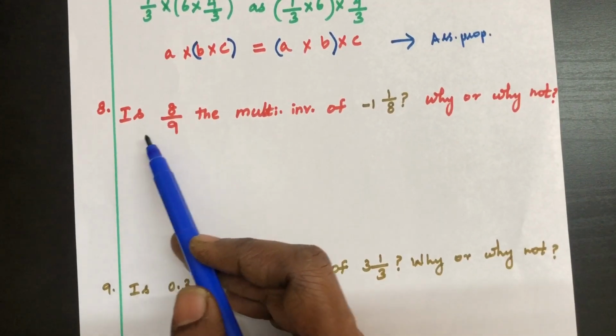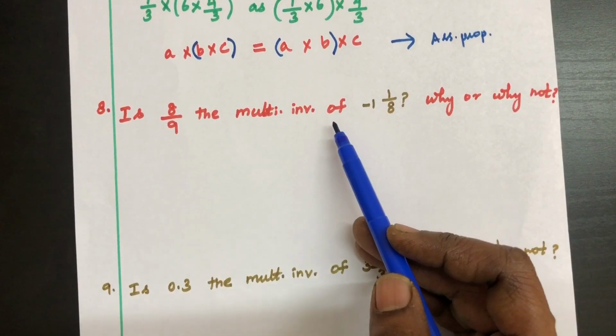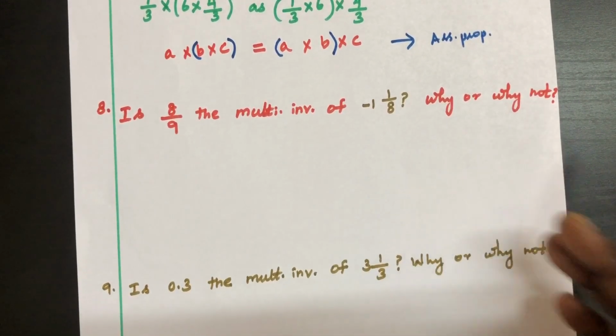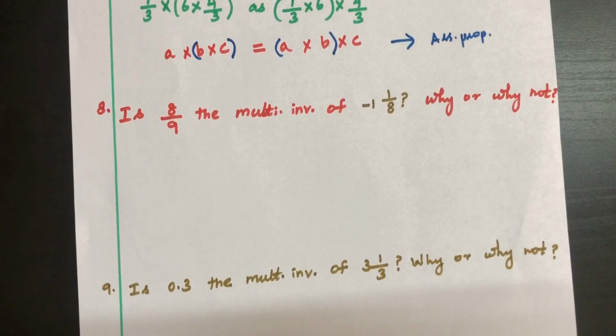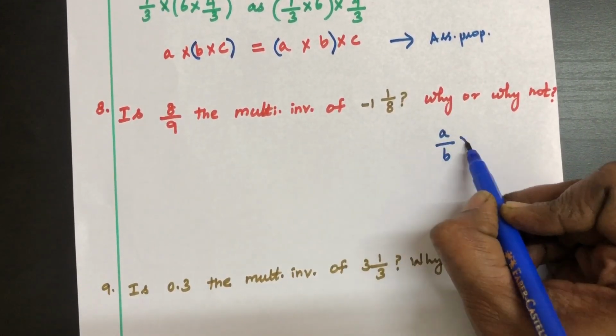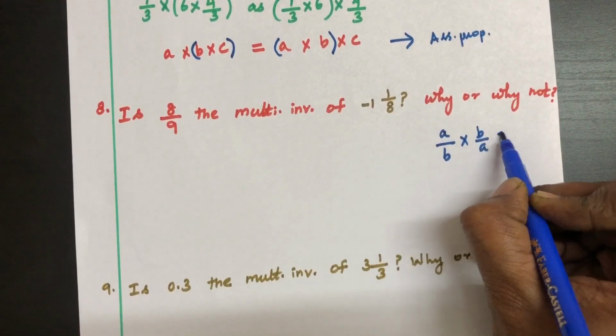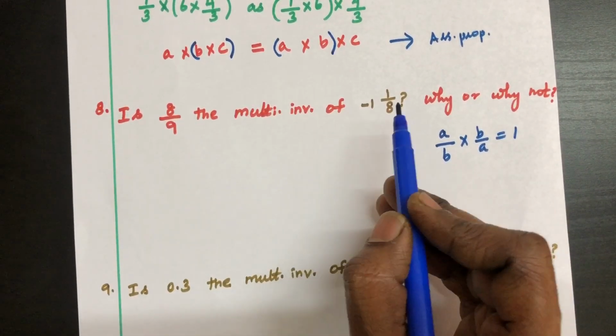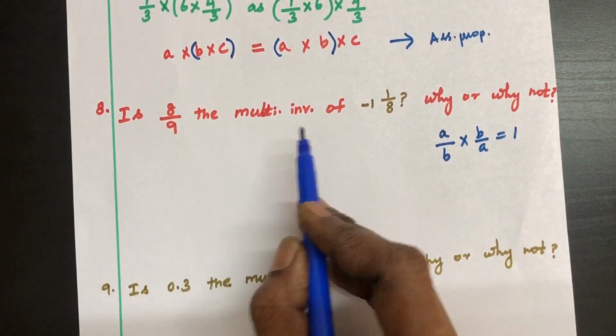8th question. Is 8 by 9 the multiplicative inverse of minus 1, 1 by 8? Why or why not? First of all, we need to know the concept of multiplicative inverse. A by B into B by A should give you 1. We will multiply these two things. If it gives 1, it is the multiplicative inverse, otherwise not.